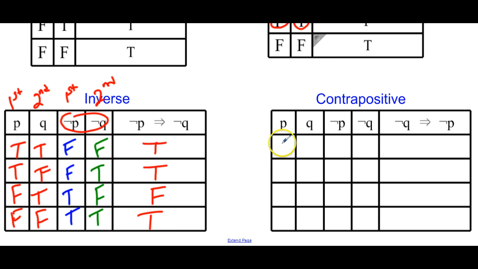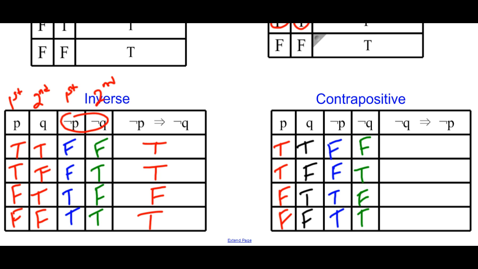All right? Let's look at the contrapositive. We have true, true, false, false, and then we have true, false, true, false, right? Again, we're going to look at the opposite, the negation, false, false, true, true, and then false, true, false, true.